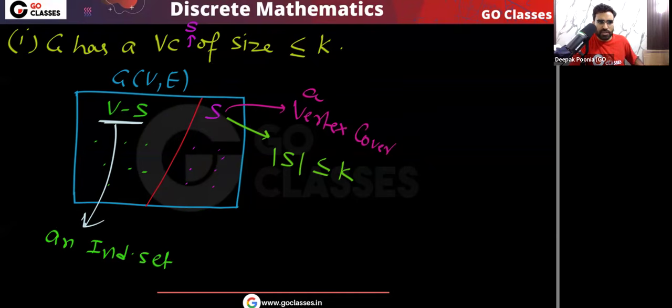Now tell me a very simple point. If the size of S is at most k, then what can you say about the size of V minus S?